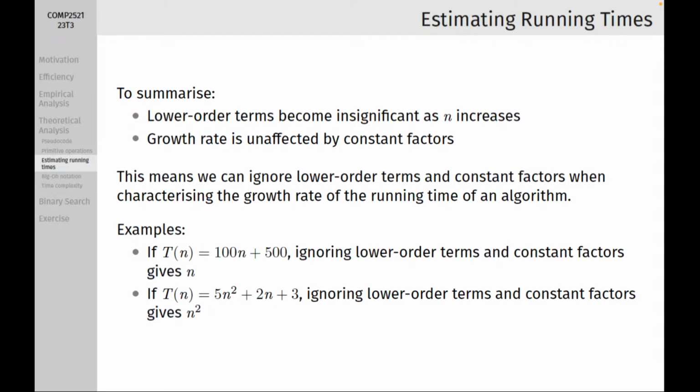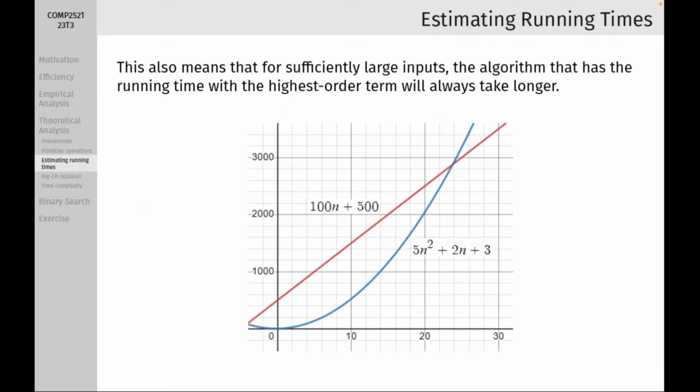We can show that in this graph. I've graphed 100n plus 500, which was the first algorithm from the previous slide, and I've also graphed 5n squared plus 2n plus 3. You can see that even though 100n plus 500 is larger at first, it gets overtaken eventually by 5n squared plus 2n plus 3.